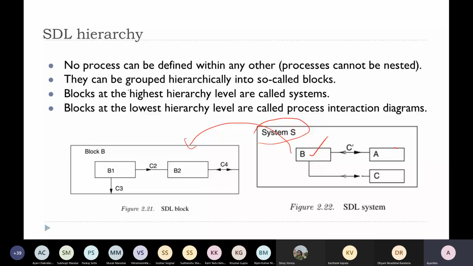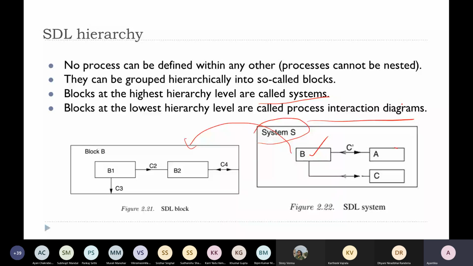Blocks at the highest hierarchy we consider as the system. Blocks at the lowest level of the hierarchy are called the process interaction diagram. Intermediate blocks we consider as the sub-processes. And the final lowest layer defines how these sub-blocks are connected.